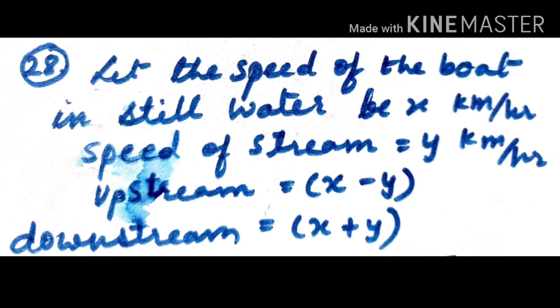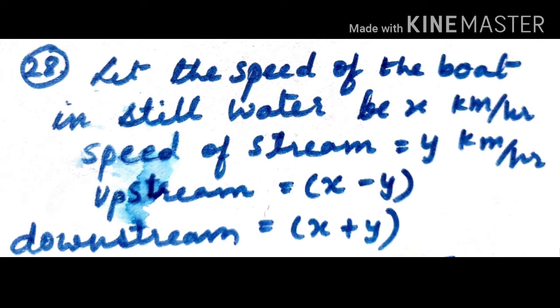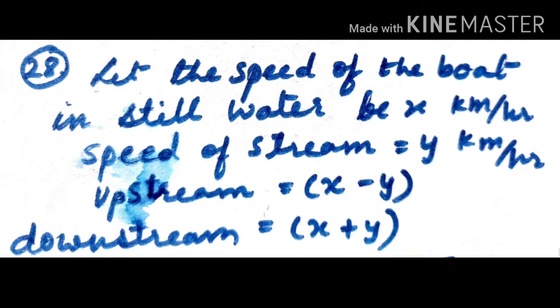Now students, you have to think, whenever you go down a slope, your speed increases, and whenever you climb up the slope, or sometimes you have to go upstream, your speed will decrease.